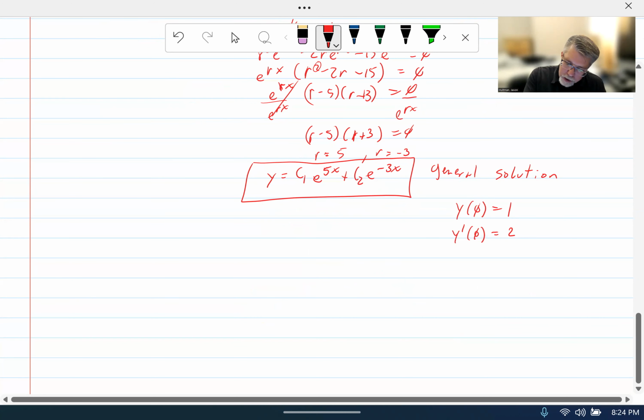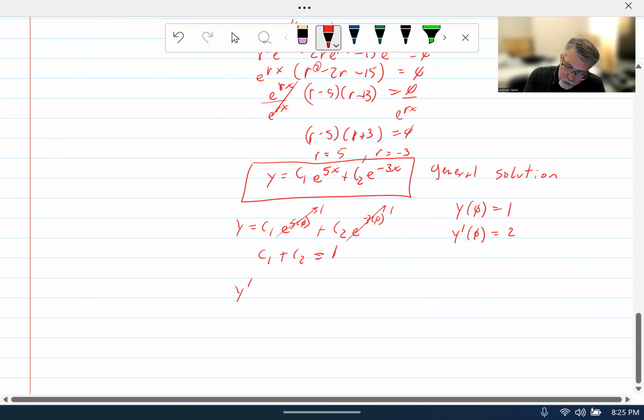We just plug this in. y equals c1 e to the 5 times 0 plus c2 e to the -3 times 0. This is going to go to 1, this is going to go to 1, and so I am left with c1 plus c2 is equal to 1. That would be my first equation.